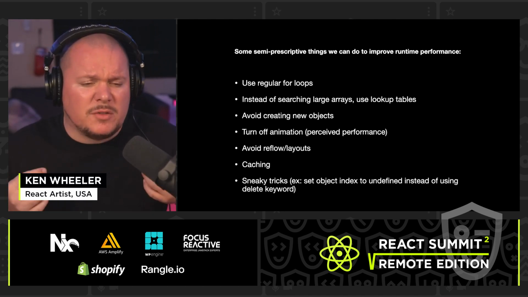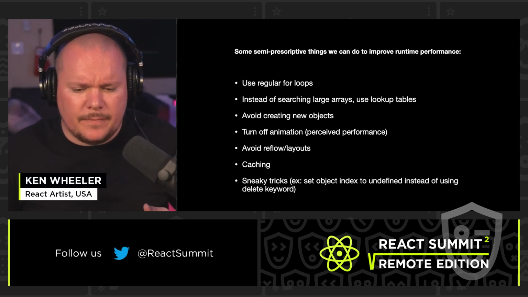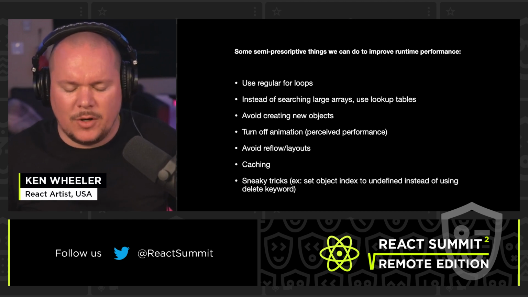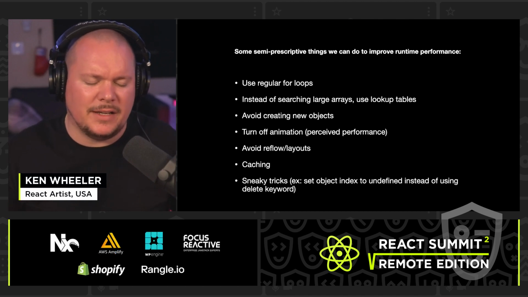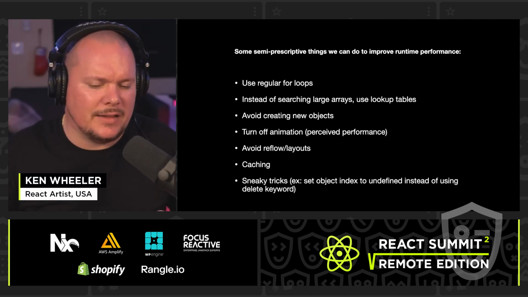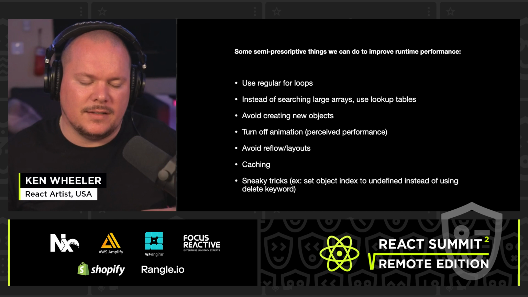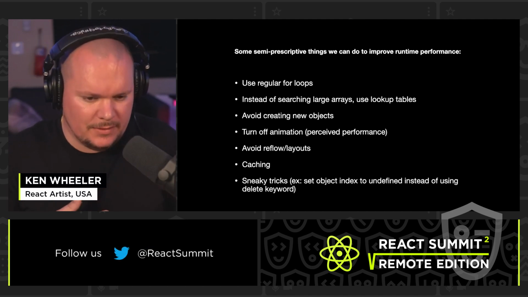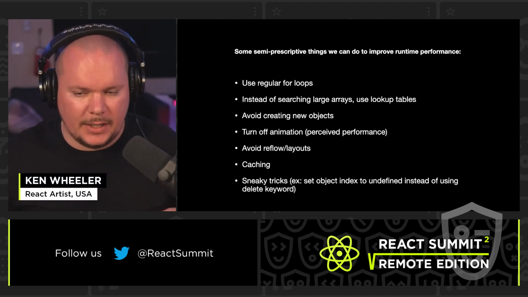And then there's minutia. A lot of the time it's overkill, but when you're really grabbing for stuff, especially in large row count iteration kind of things, if you're going to delete a bunch of things out of an object, it's way faster to set it to undefined instead of using the actual delete keyword.